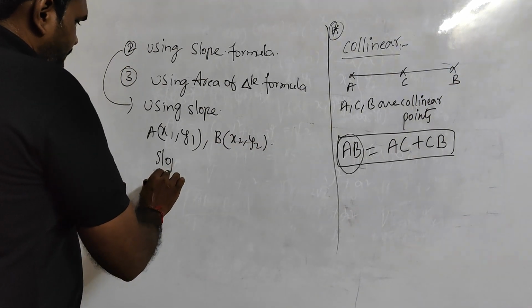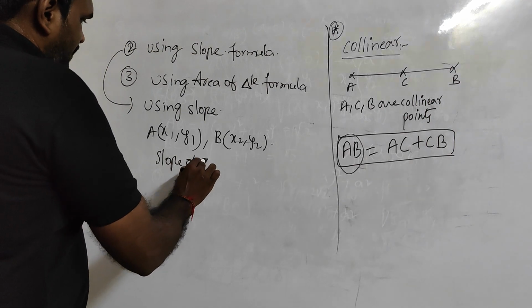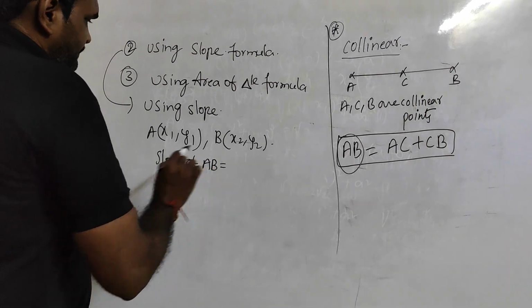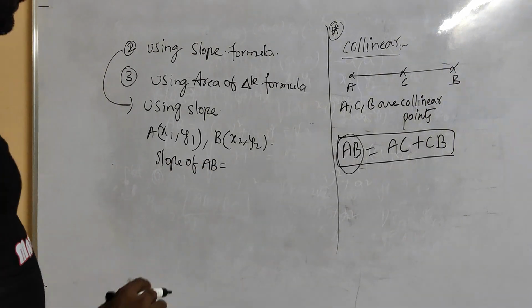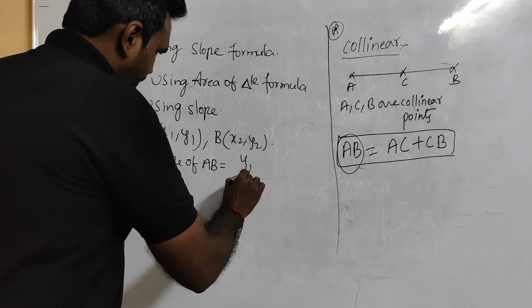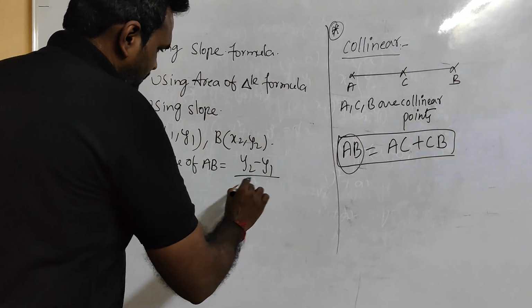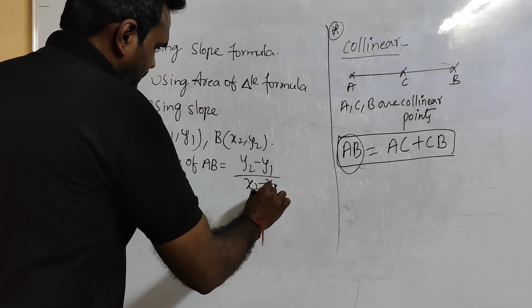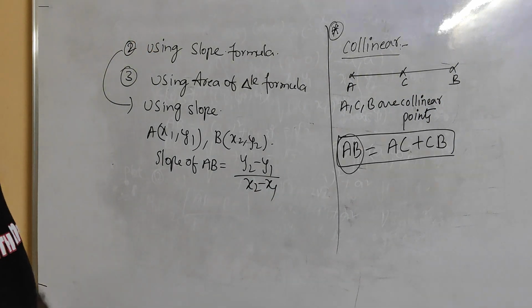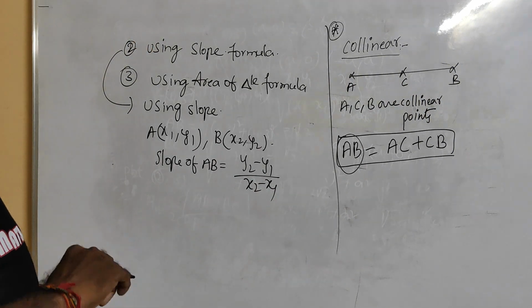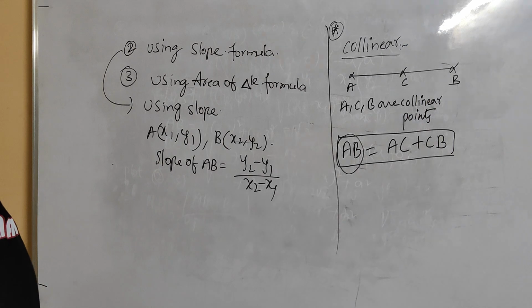Slope of AB is equal to (y2 minus y1) by (x2 minus x1).